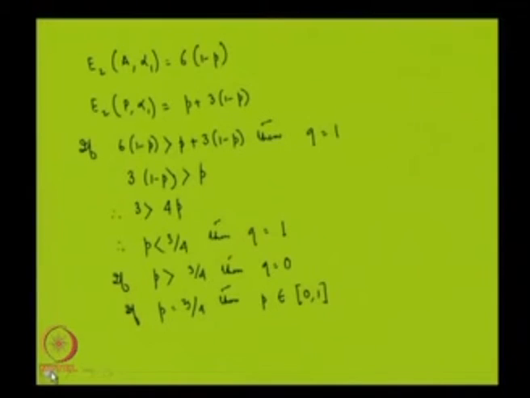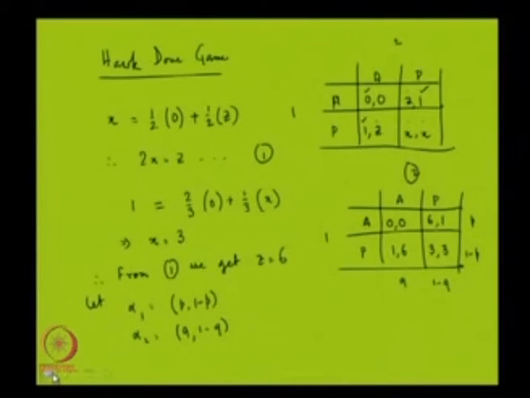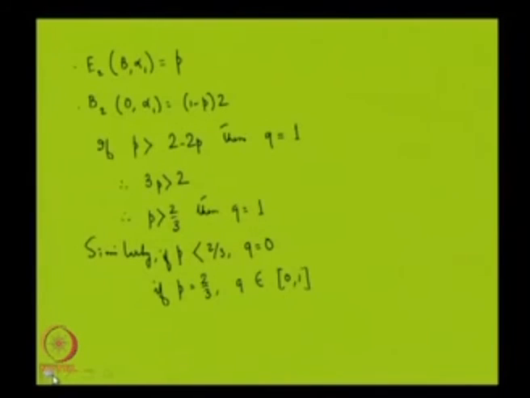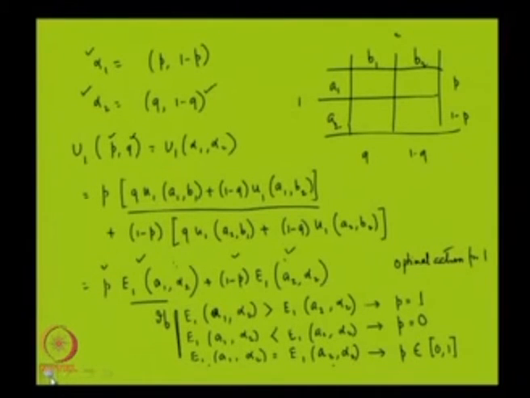Let me go back a little bit. Here, this was the general case of 2 player 2 action. Now, let us look at this part. From this part it seems that player 1 attaches positive probability to both his actions only in this case.